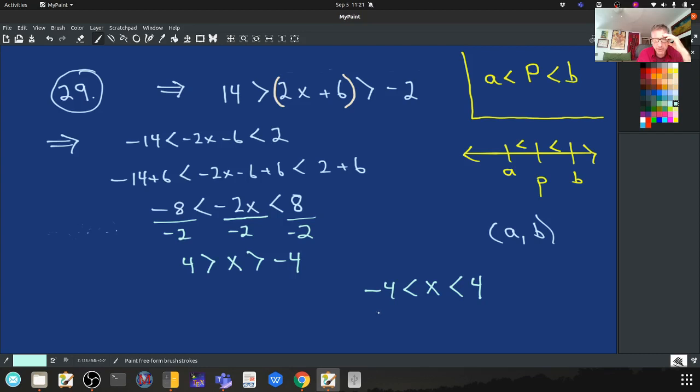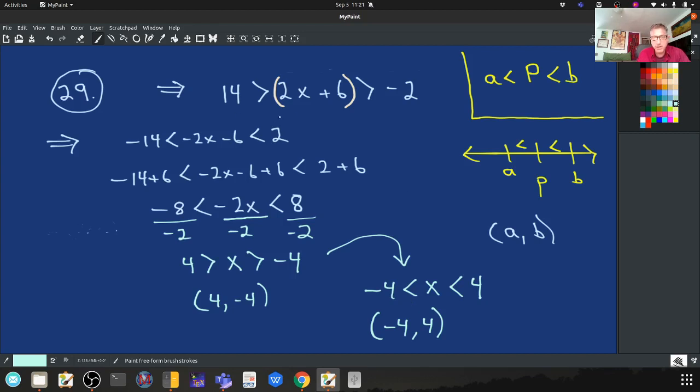So the interval now is minus 4 to 4. So notice, this is the part I'm worried about right here: when you write the interval notation, you'll write minus 4 and 4. So at some point, you need to change these. It's a good idea. You don't have to. You need to change the inequality signs to this direction.